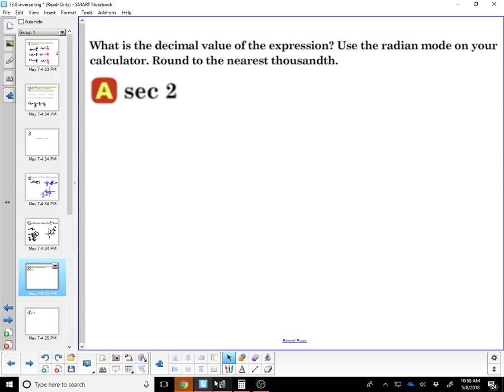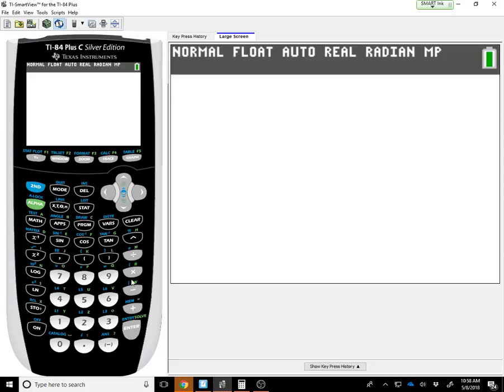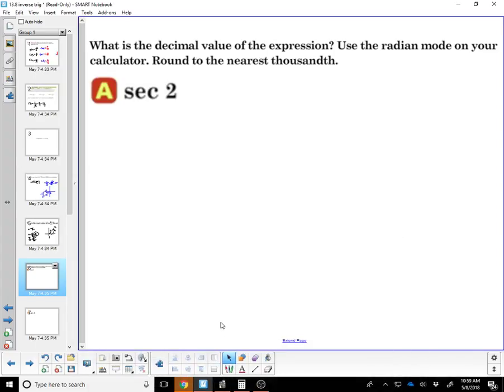All right, so first thing we need to calculate is the secant of 2. Secant 2. Go. Oh, wait a minute. Mr. Munoz, there's no secant button. There's sine, cosine, and tangent, but I don't see a secant. How do I do this? Well, I saw in an earlier slide that secant is the reciprocal of cosine, which means that secant can be calculated as 1 over cosine.